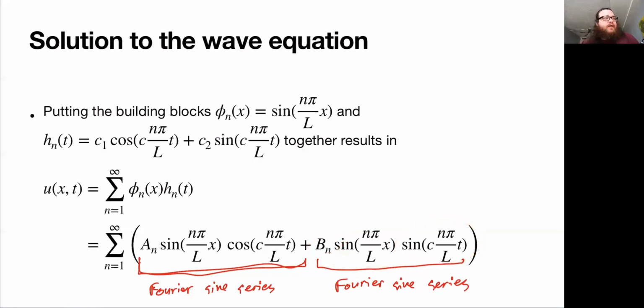So really what we've done is construct two sine series for our solutions. And we know how to compute Fourier coefficients for sine series.